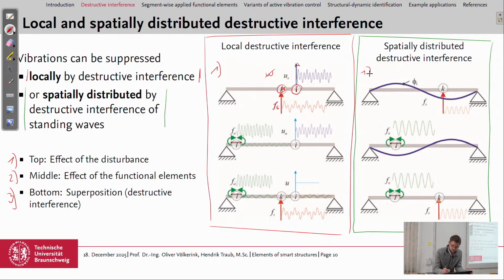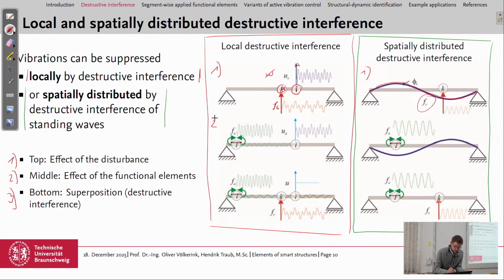Similar to this, if we look at a modal suppression, we would, for example, excite an eigenmode like the second eigenmode here with this excitation Fs again.